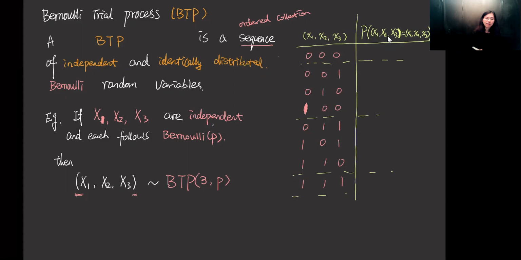Because by definition, x1, x2, x3 are independent Bernoulli random variables. The probability of each of them being 0 is 1 minus p because they are Bernoulli p distributed. So the product of the 3 will be 1 minus p to the power 3.